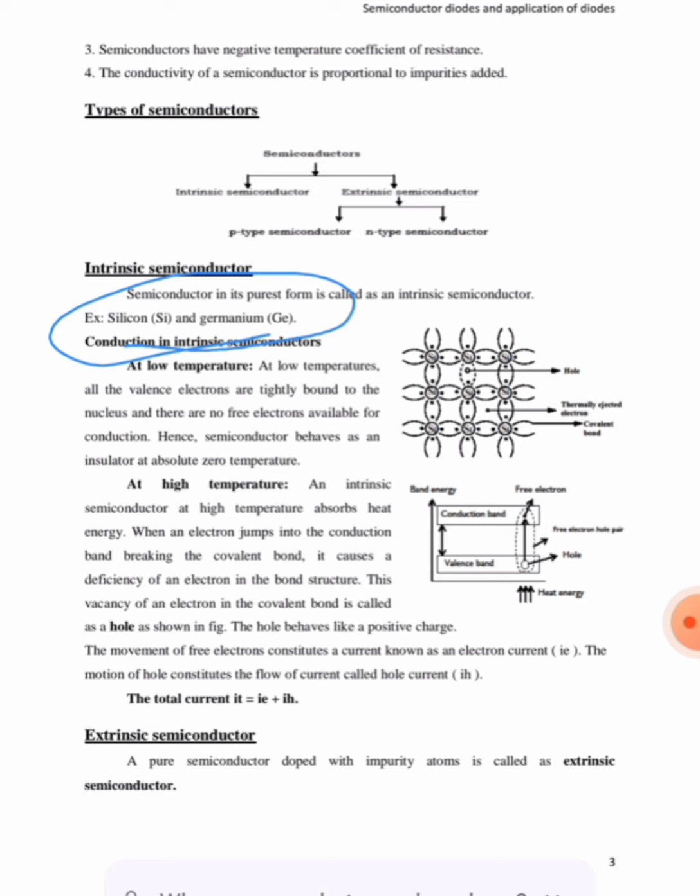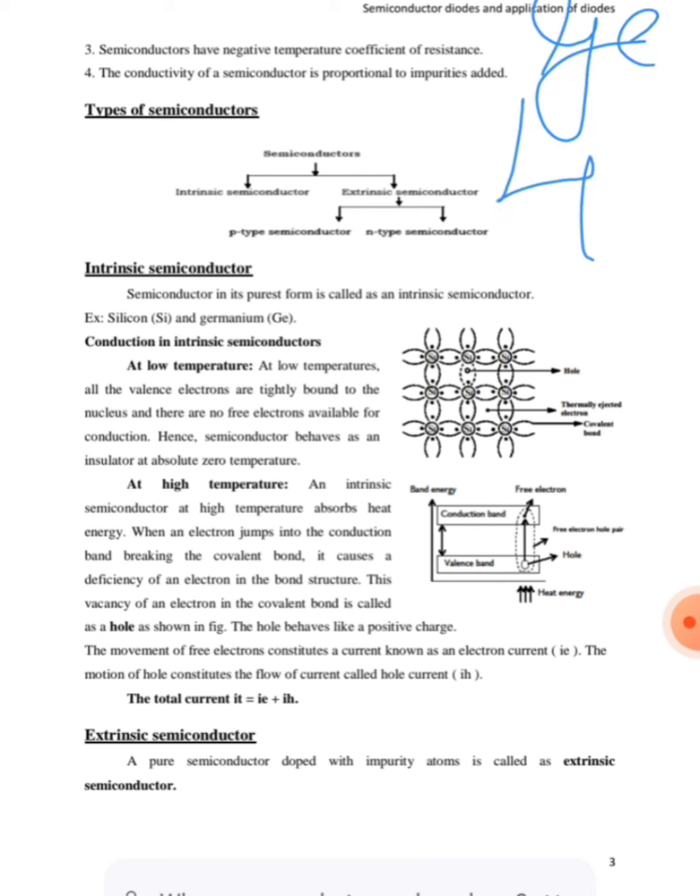So, how does this intrinsic semiconductor behave when it is led to conduction? That is, conduction in intrinsic semiconductors. At low temperatures, all of the valence electrons are tightly bound to the nucleus. We have already seen in the last session that four valence electrons are present in both germanium and silicon.